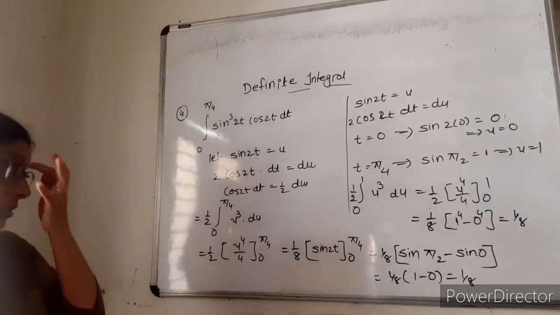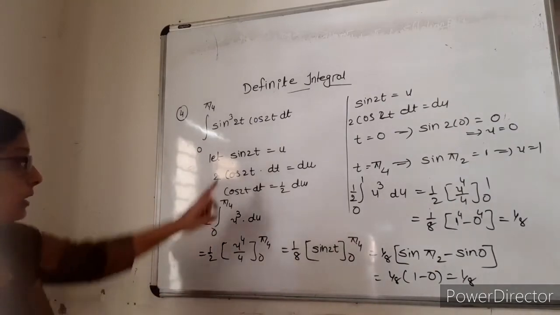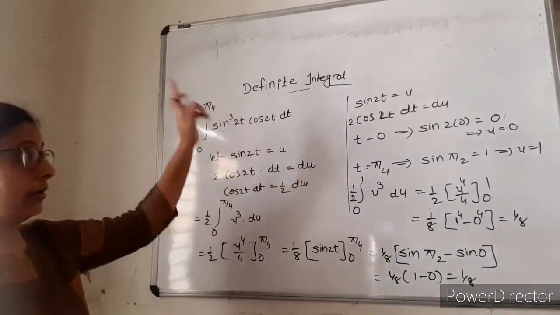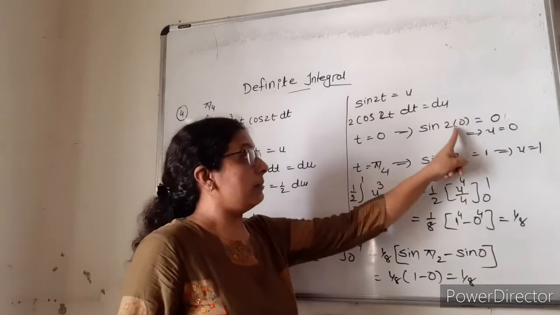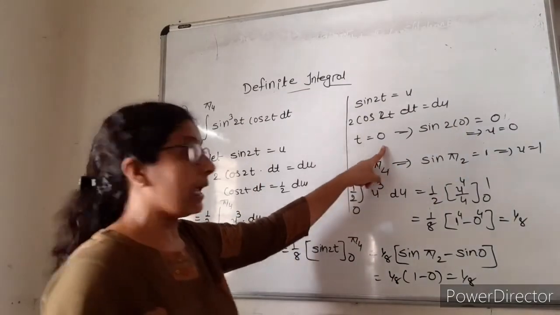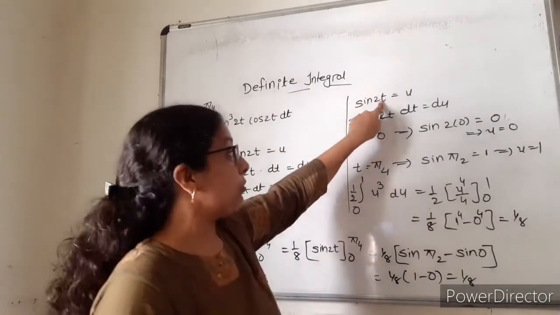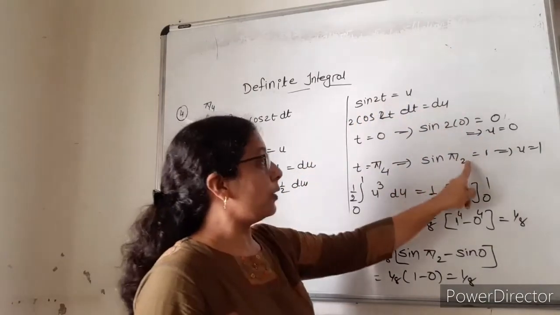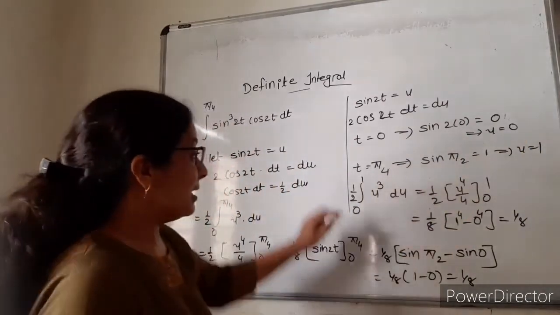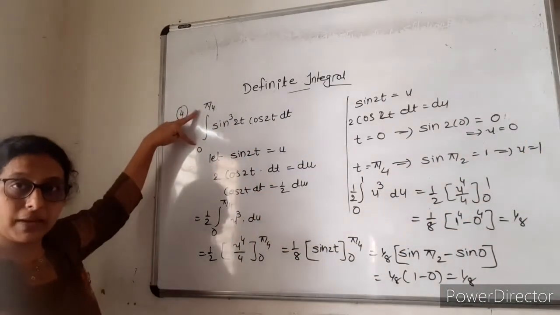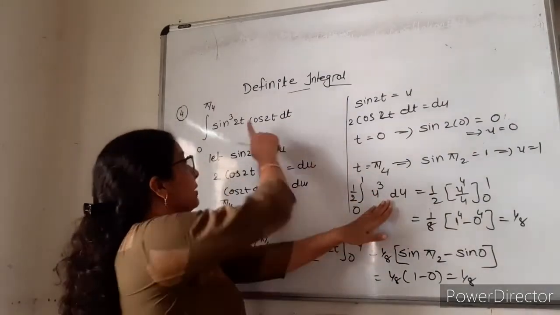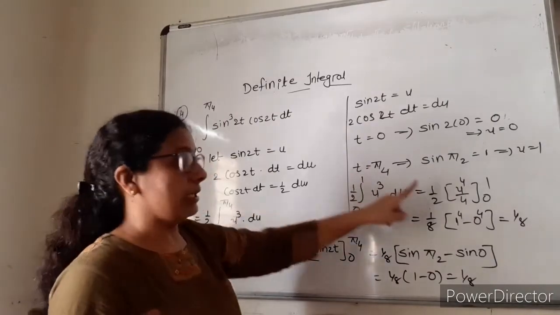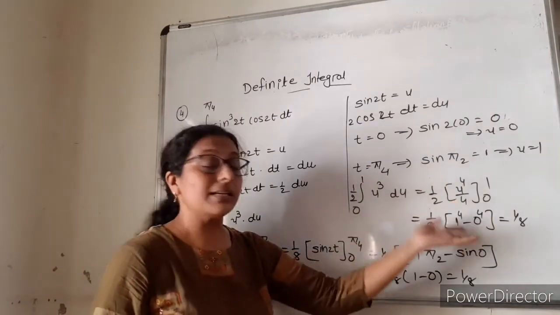So which are the two different methods? When you substitute sin 2t equal to u, you can change the limit: where t is equal to 0, you will get the value of u, and where t is equal to pi by 4, you will get u equal to 1. So instead of the limit 0 to pi by 4, when we substitute the function, we also change the limit to 0 to 1. Then you write the direct limit.